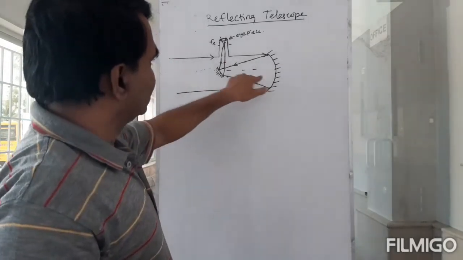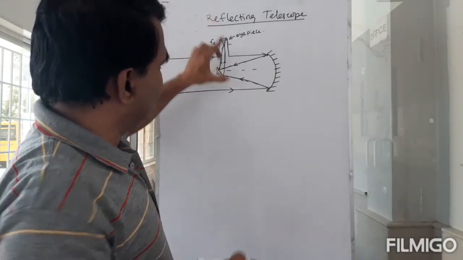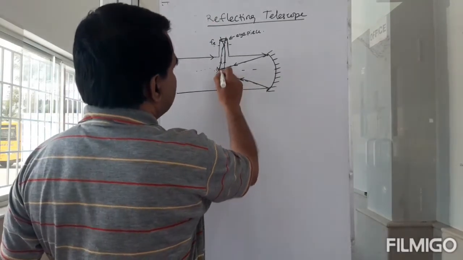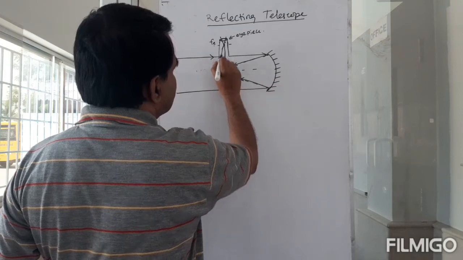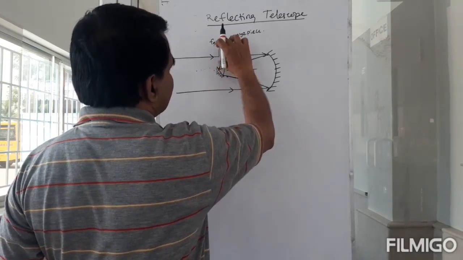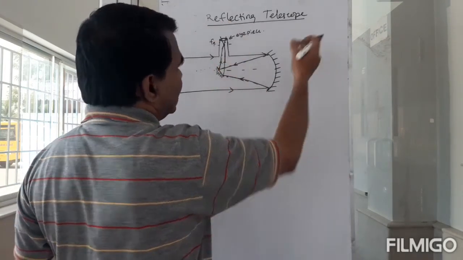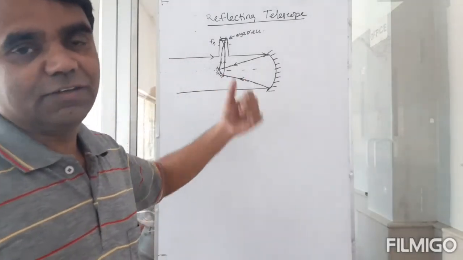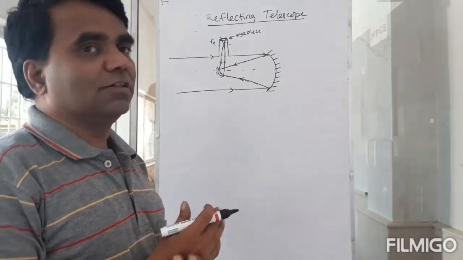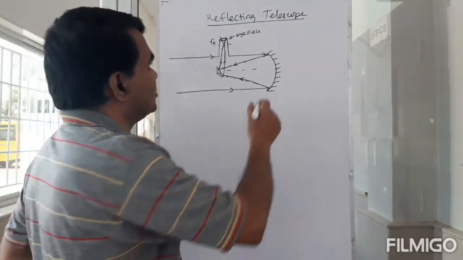So this plus this will be the F naught, and magnification again is F naught by FE. So this is a typical Newtonian. This is what is called the Newtonian telescope.